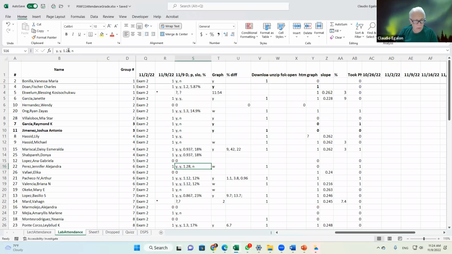Next, group number 6, right? So Jennifer, did you get 1.28 for your slope or just different than that? I did that, Jennifer. So you're group number 6, right?